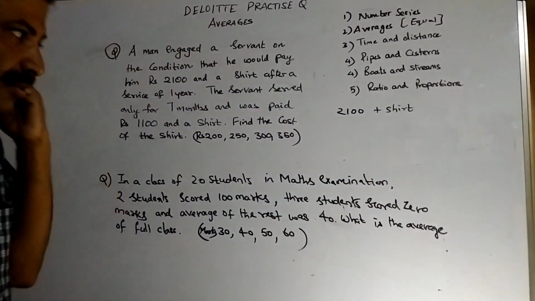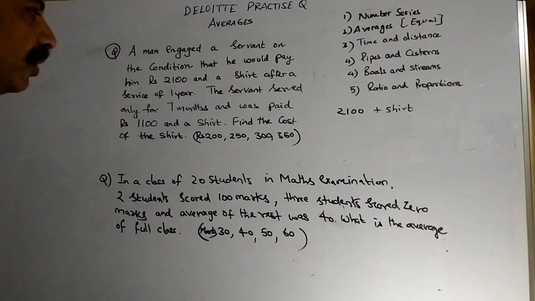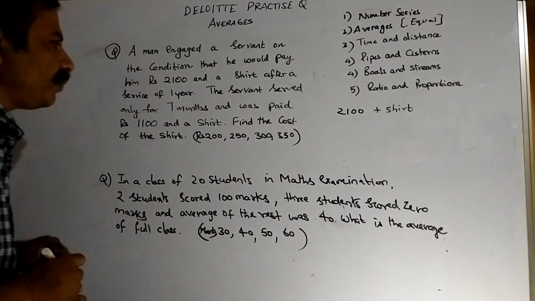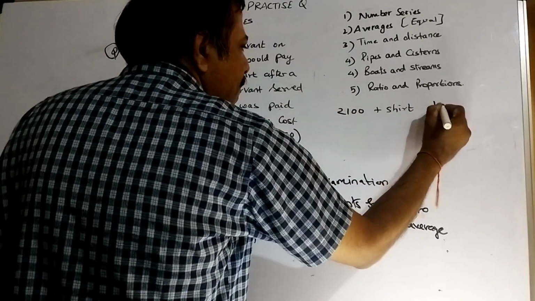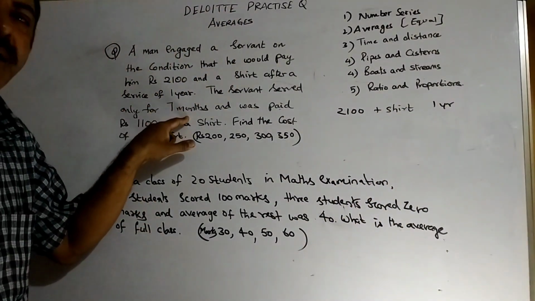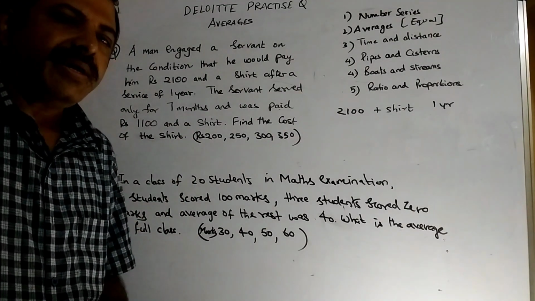Generally, you know, dear students, the shirt cost will be between 200, 250, 300 and 350. We have to find out the cost of the shirt. After a service of 1 year, you have to work for 1 year. That is the condition. Now the servant served only for 7 months. Because of some personal work, he left.